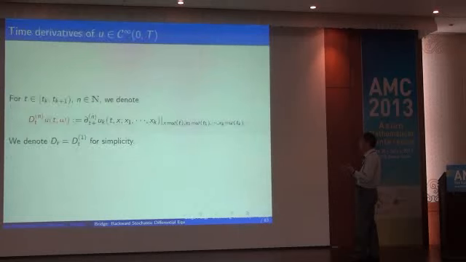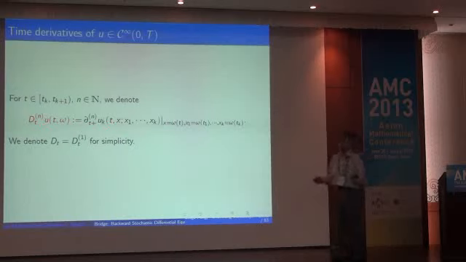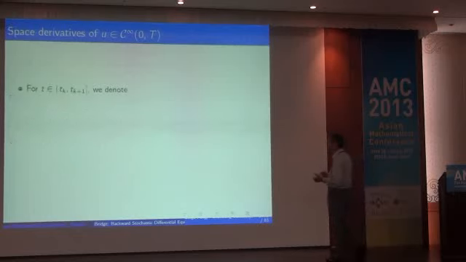Then what we define for t, for example, the derivative with respect to t, is just you have this concrete function and you differentiate by t. This is very simple. For nth order, it's the same thing.